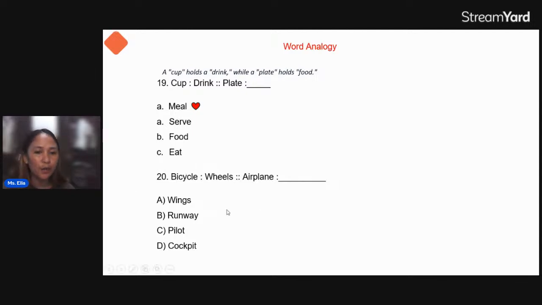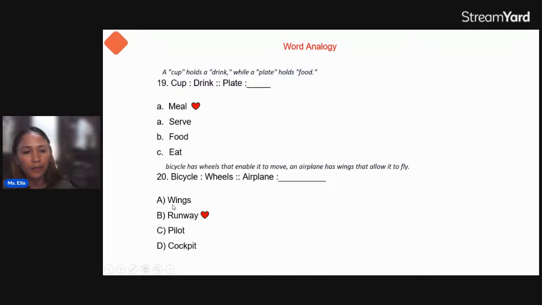Okay, so we have here runway. Why runway? A bicycle has wheels that enable it to move. An airplane has wings that allow it to fly. Without wings, an airplane cannot fly.